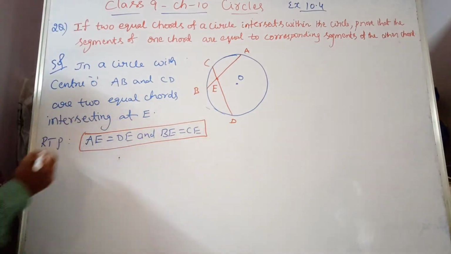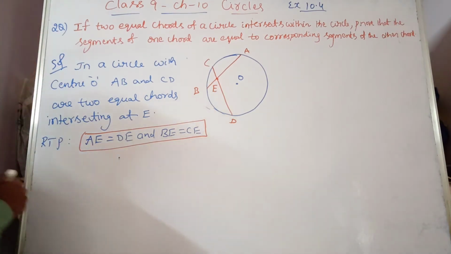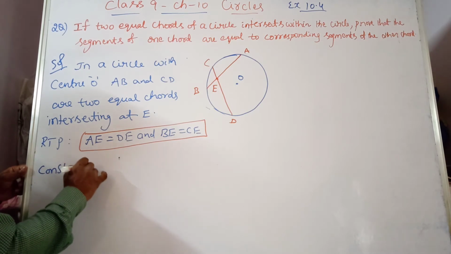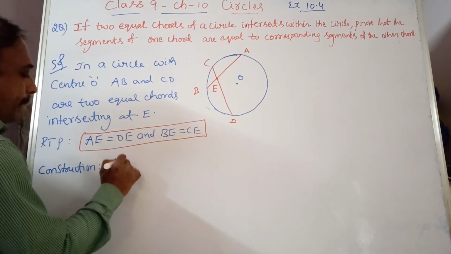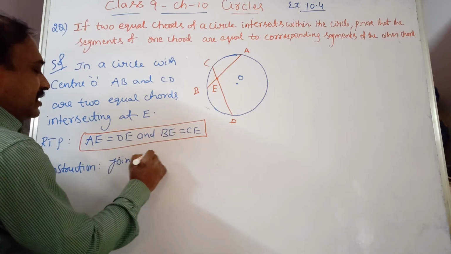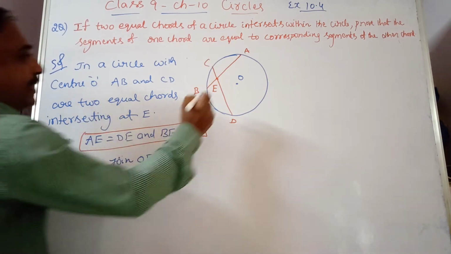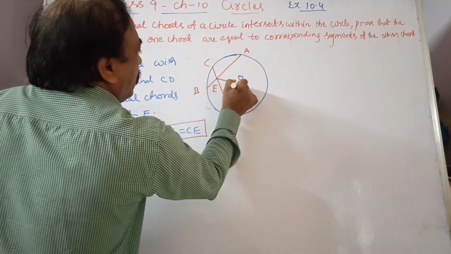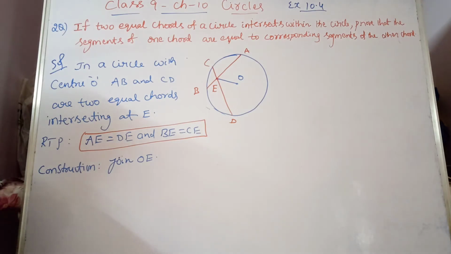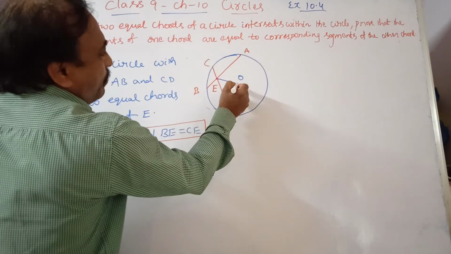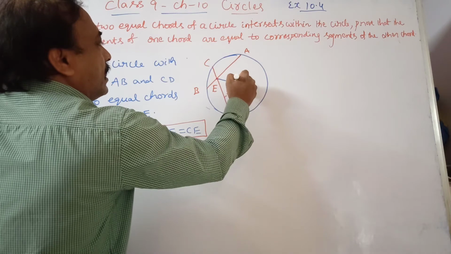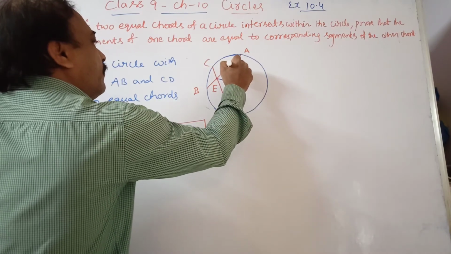Okay, so now to prove that, construction. First join O to E. That is one step. Then draw perpendiculars from the center to the chords.